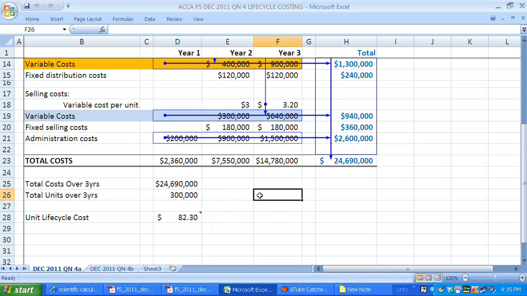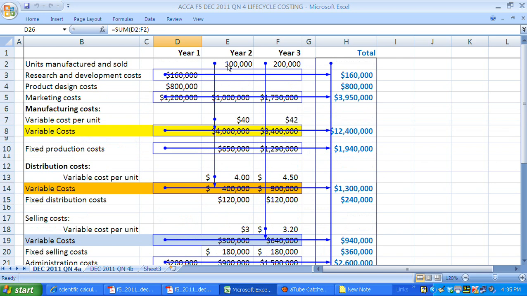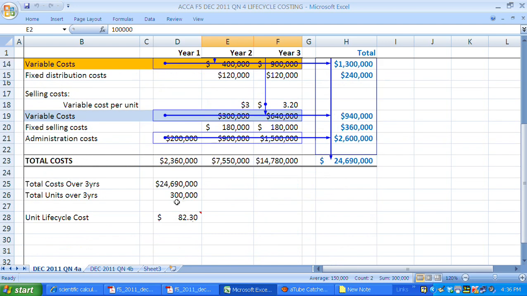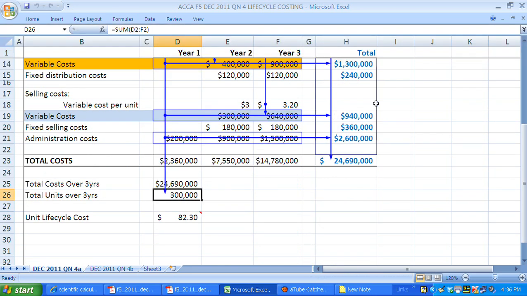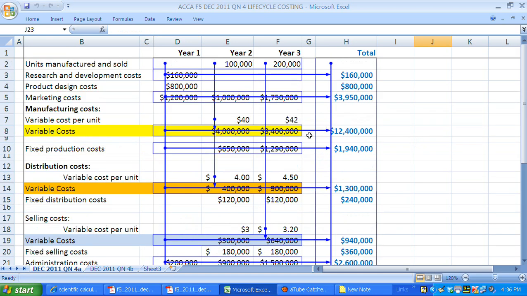Hope that's clear. Now the total units, this 300,000, is simply the summation of the total units sold.